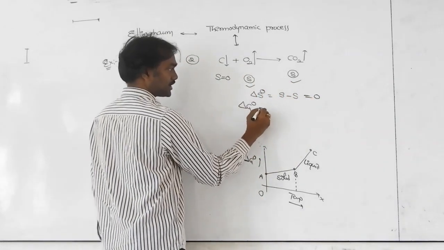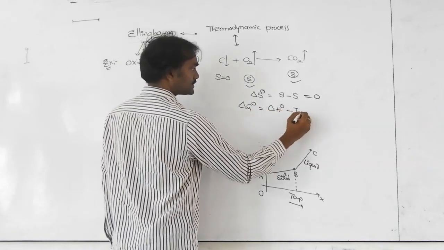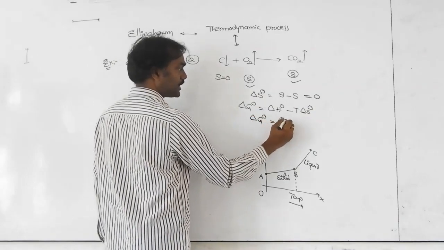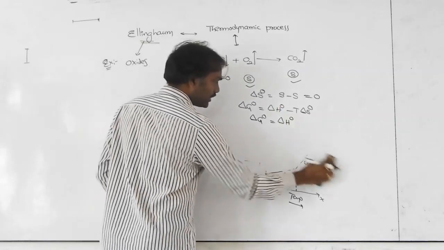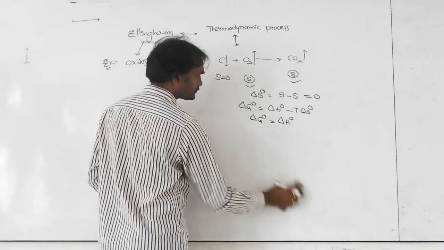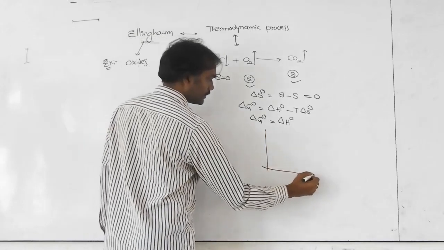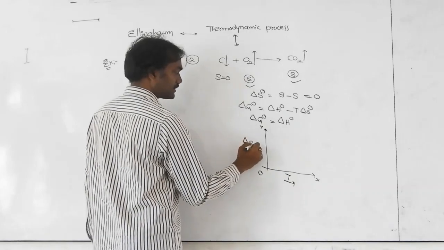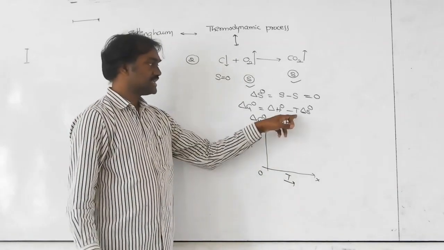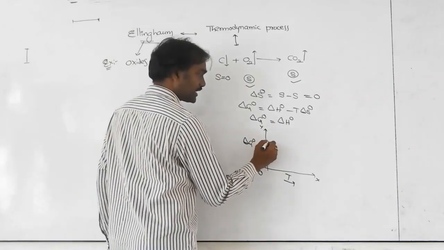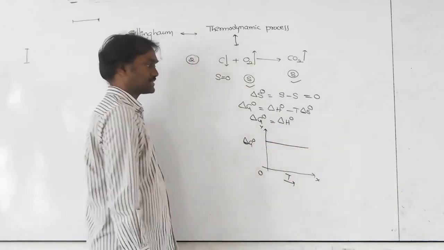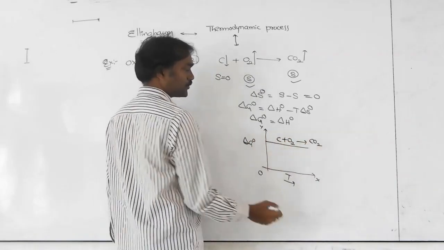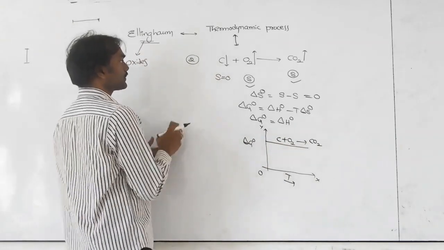So delta G naught equals delta H naught minus T delta S naught, and with delta S being 0, delta G naught equals delta H naught. How does the graph come? On the axes, temperature and delta G naught, it is independent of temperature, so you get a straight line parallel to the x-axis. This indicates C plus O2 gives CO2.